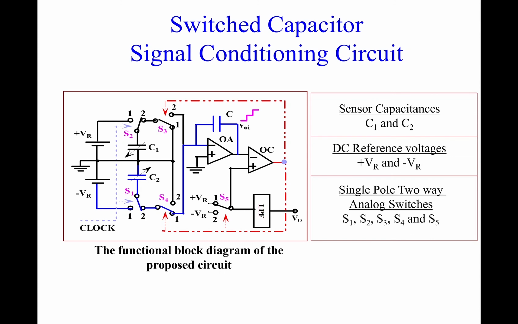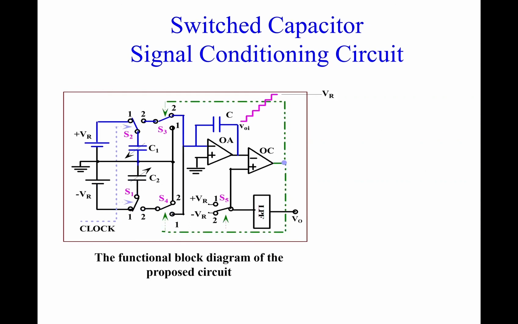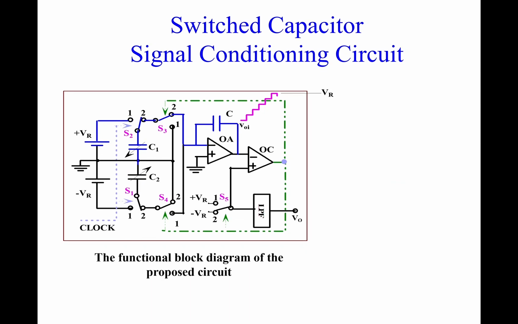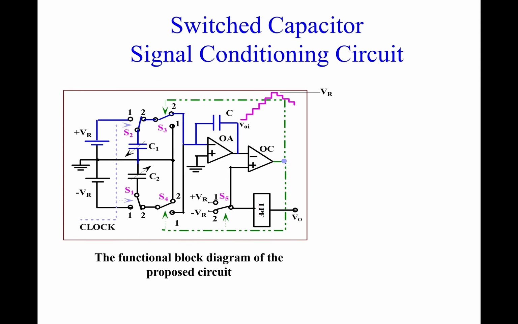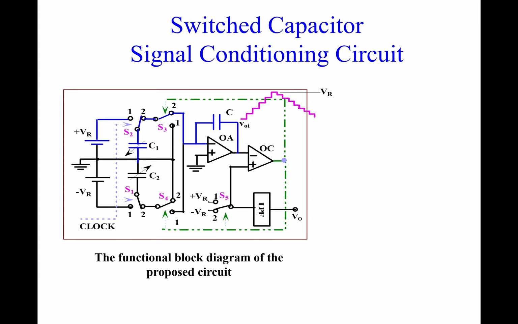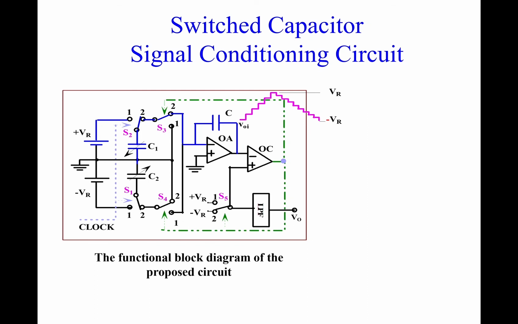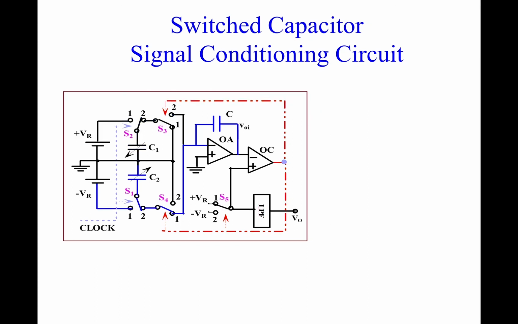When we do this switching, you see that the output increases continuously. Once it touches VR, the comparator changes state, and what we have now is this particular condition. Once again the switching continues to happen, and we do this till it goes to minus VR, and when it reaches minus VR, the comparator again toggles, and we get continuous oscillation.